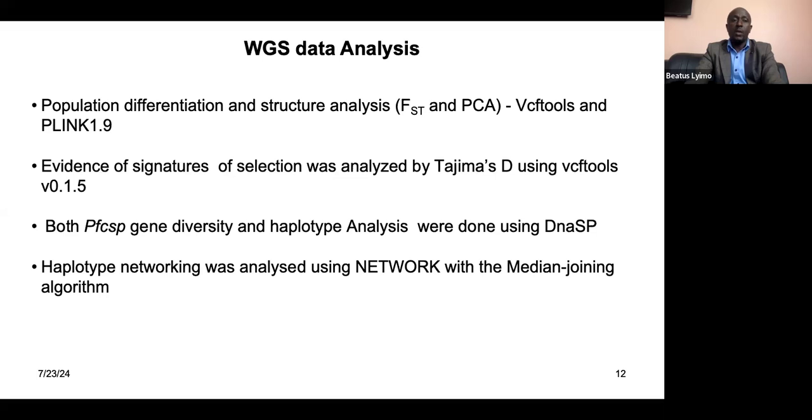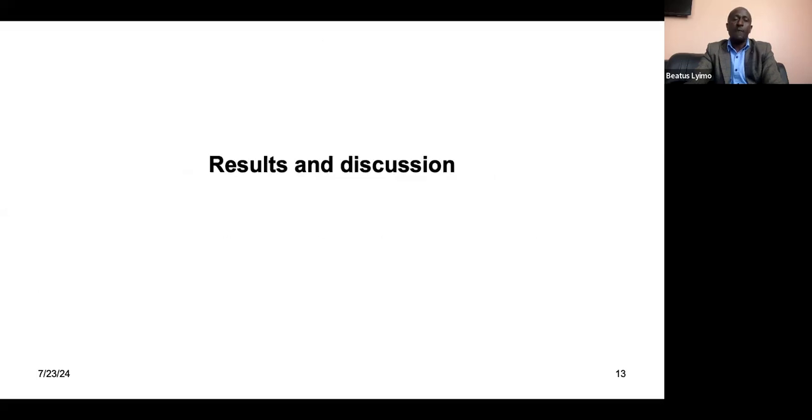We also measured the gene diversity and the haplotype diversity using the DnaSP software, and we drew the haplotype network using the Network software under the median joining algorithm. After that, let me report the results which we got from our findings.